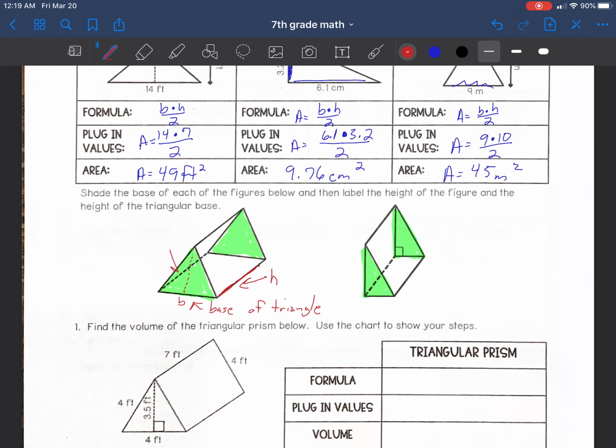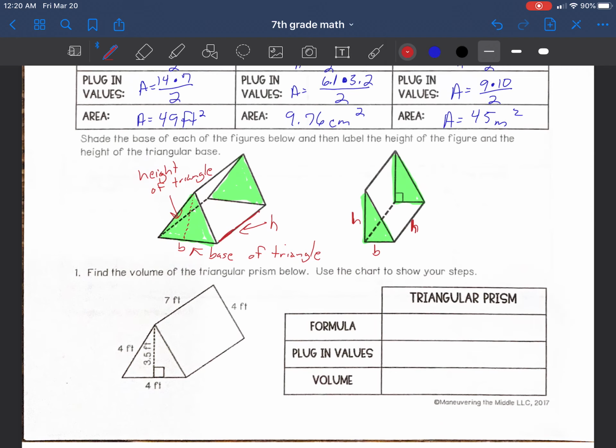Those little lines represent the height of your triangle. So let's just label this with letters. This is my height of my triangle, my base of my triangle, and my height of my prism, because it's a distance between the both bases. It's very important to remember that.